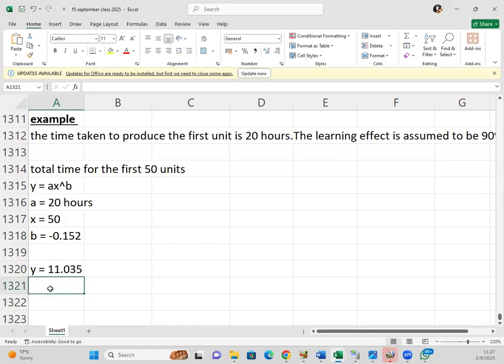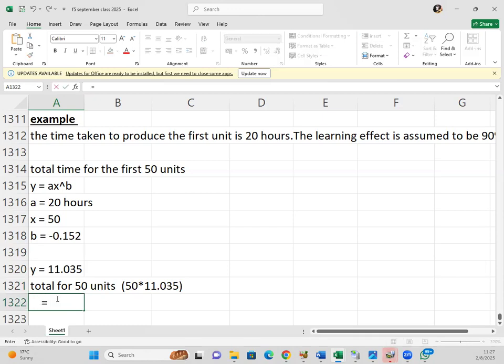So Y is the average time per unit, but we want the total time for 50 units. On average, each unit is taking 11.035, so for the 50 units we say 50 times 11.035.